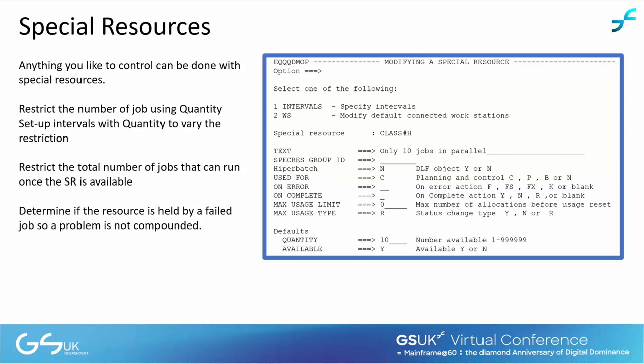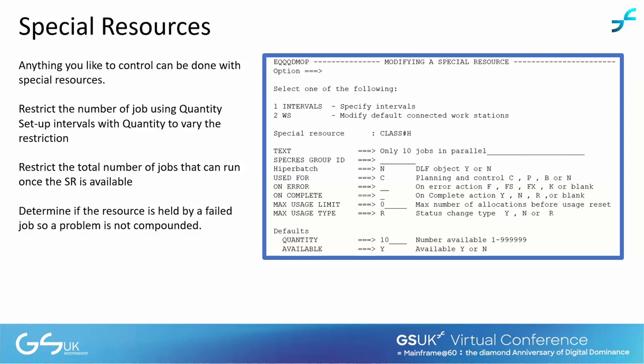Here we've got a special resource called class H. Maybe we have an initiator class H that we can only allow 10 jobs to run in parallel because there's only 10 initiators for class H. And so this will ensure that we don't throw too many in and that IZWS remains in control of the jobs rather than leaving it to JES to decide which job it wants to run.